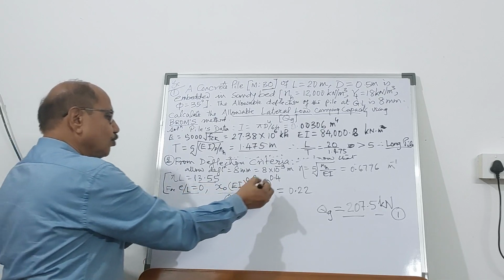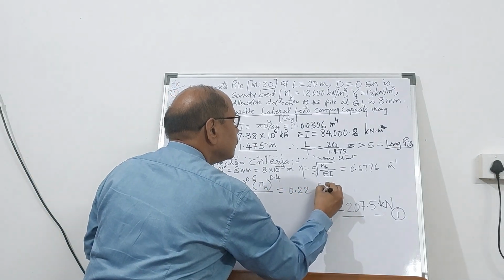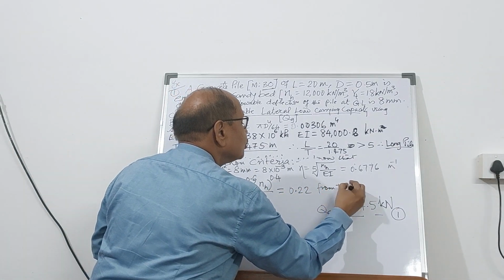This is the approximate value from the chart, from the Brom's chart.